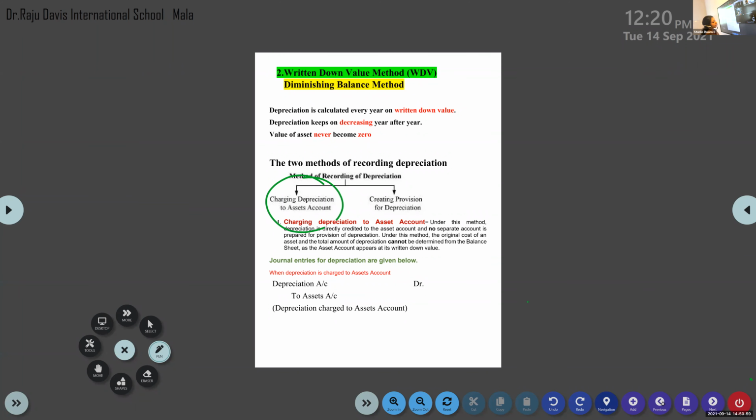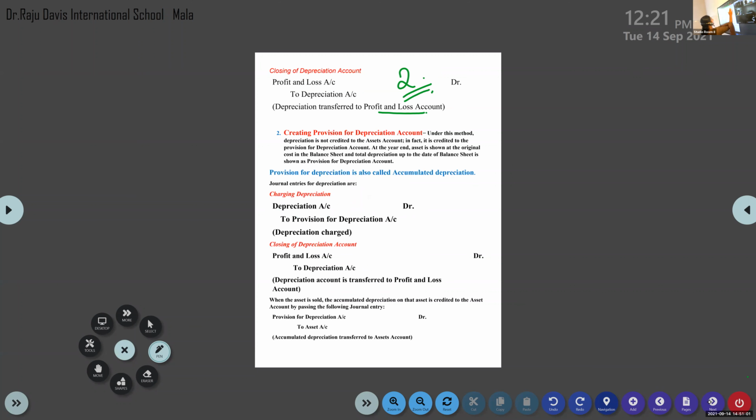Now, coming to the next method. Next method means creating provision for depreciation account. That is the second method. Here, we are not reducing this from the assets.